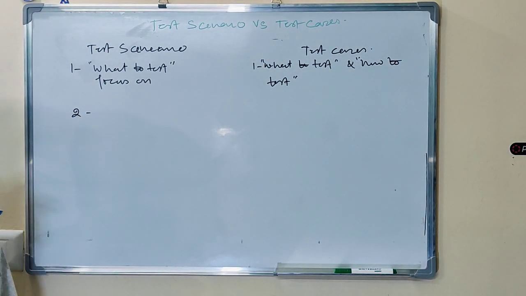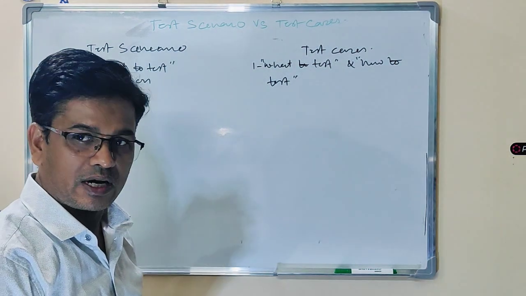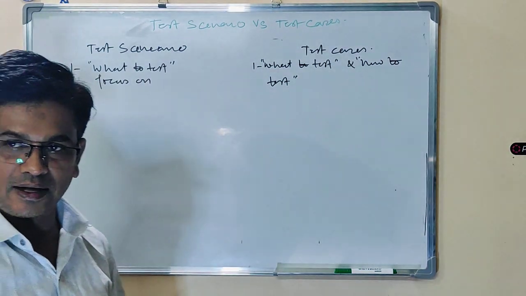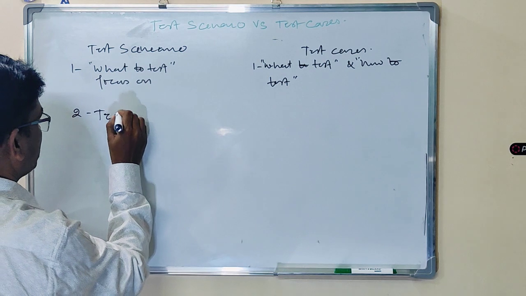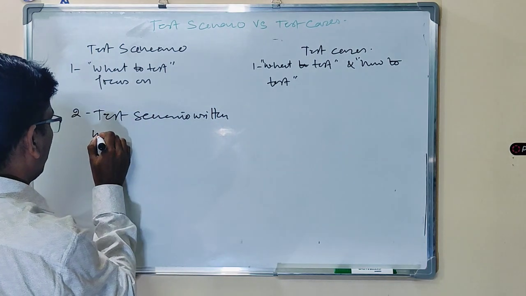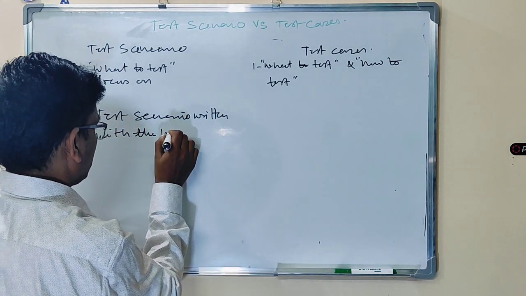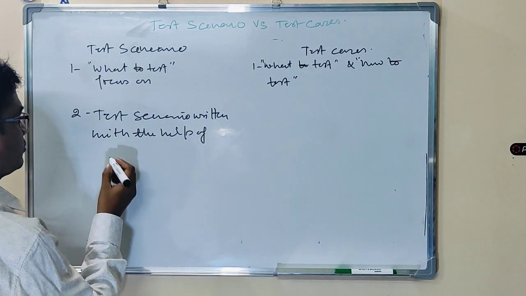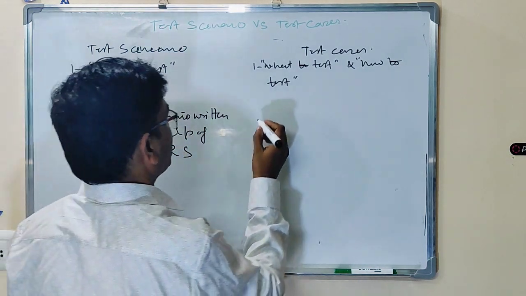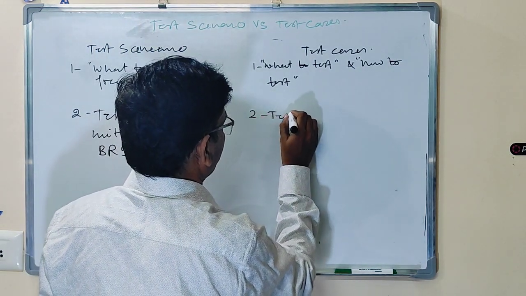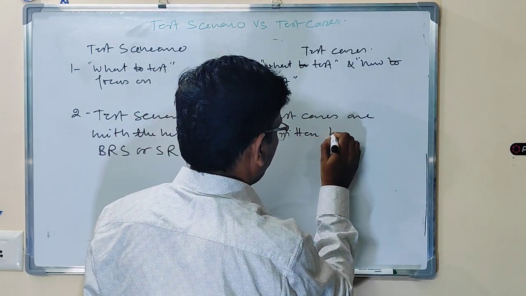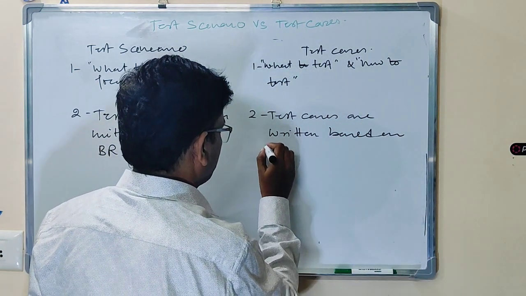So this is first. Second point, right? Test scenarios are generally written with the help of BRS and SRS document. You can say BRS or SRS document. So test scenarios are written with the help of BRS, business requirement specification, or SRS, software requirement specification. Test cases are written based on test scenarios.